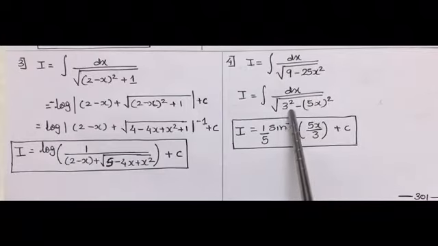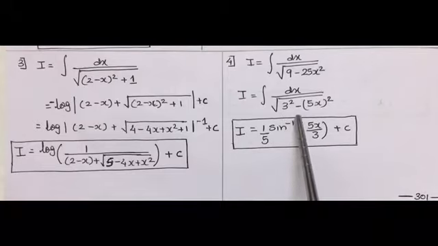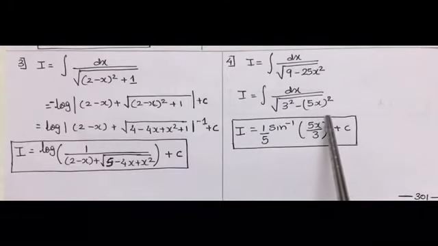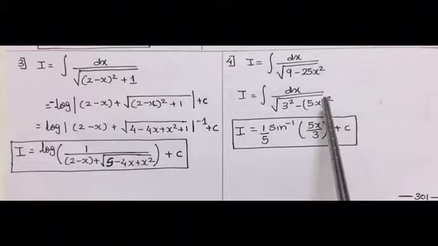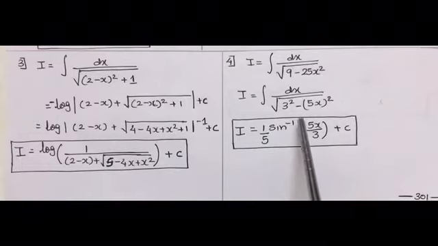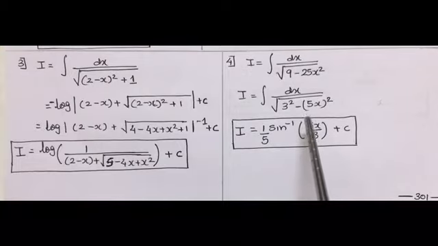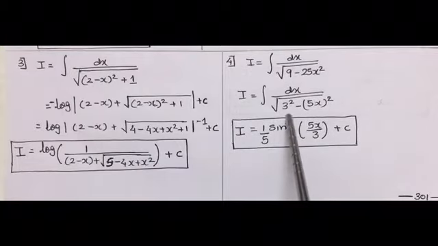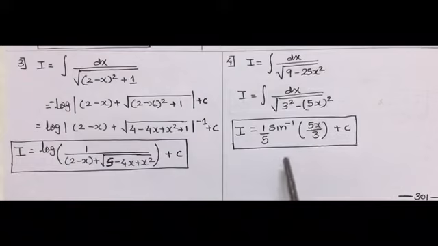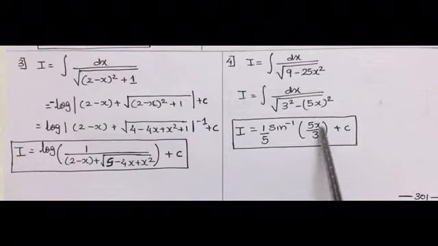So expressing it in terms of 3 square minus 5x whole square. You will find here the sixth integration in the list is fitted here, that is under root of a square minus x square, and that is sine inverse x upon a.